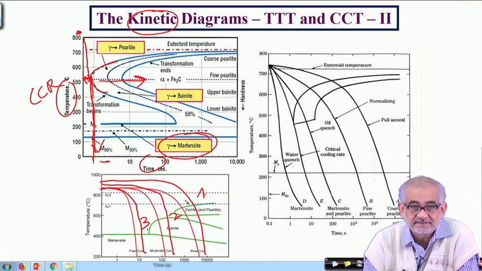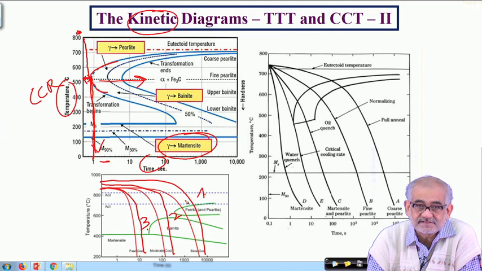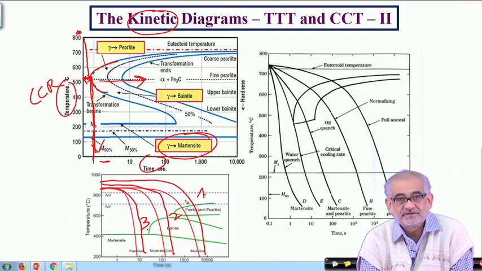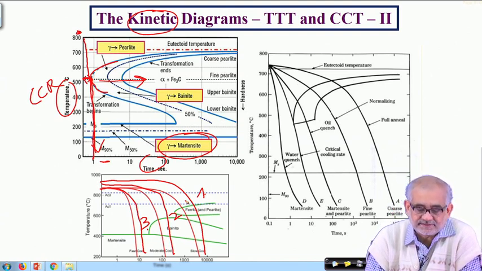And this is exactly the reason why steel is the most versatile structural material for all kinds of structural applications. So to be able to understand why this is happening, we must be able to appreciate both the information available in the phase diagram and also the application of such kinetic diagrams.